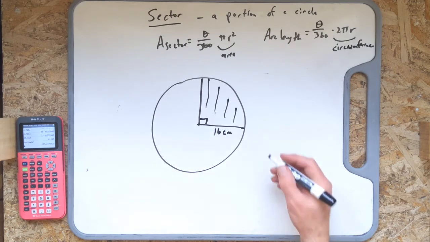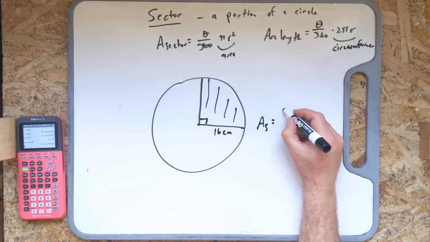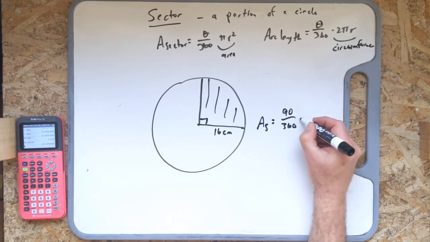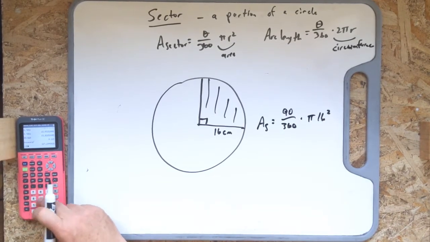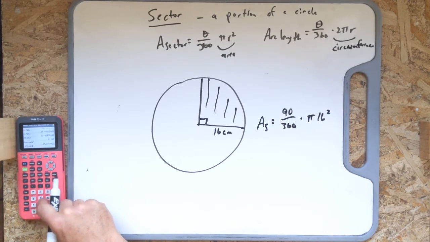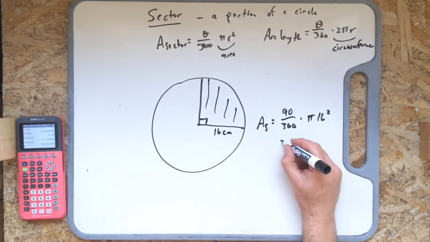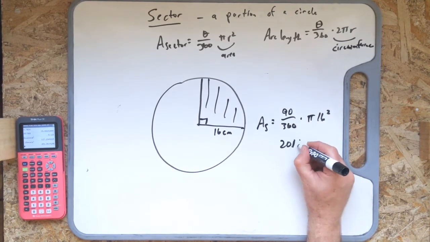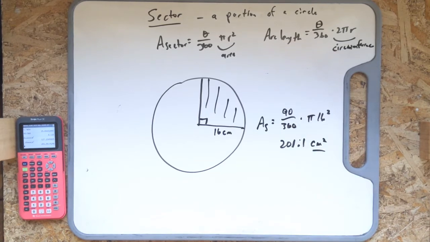Okay, if you're back, the area of the sector is 90 degrees over 360 times pi times 16 squared, which, just to check your answer, is 201.1 square centimeters. Don't forget the units, it's area.